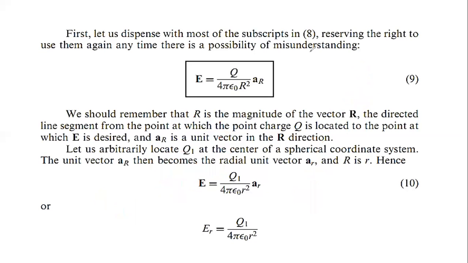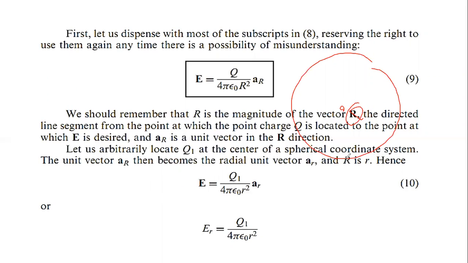Now let's suppose, let's arbitrarily locate Q1 at the center of a spherical coordinate system. So let's suppose we have a spherical coordinate system, and at the center of this spherical coordinate system the charge Q is located.